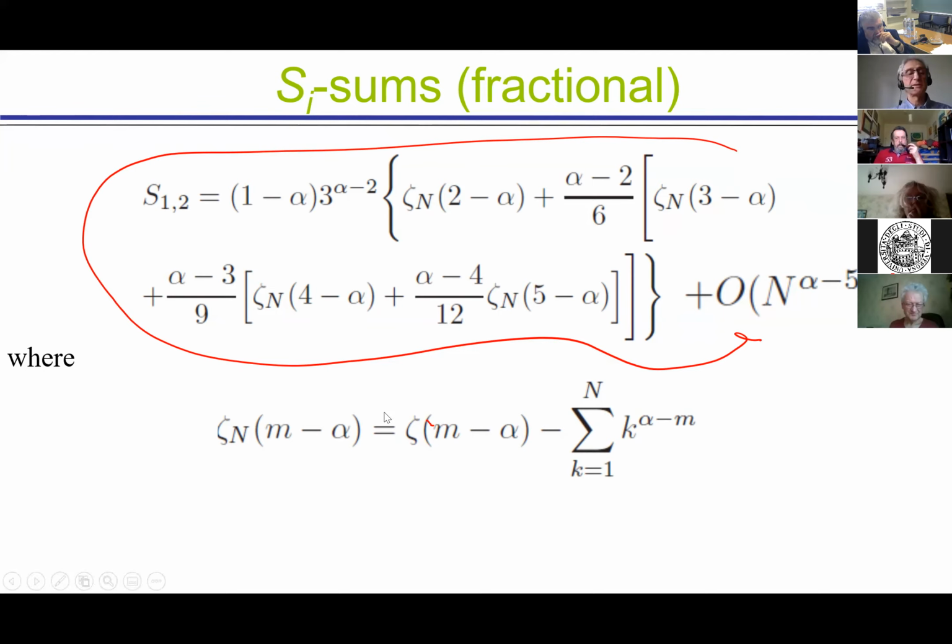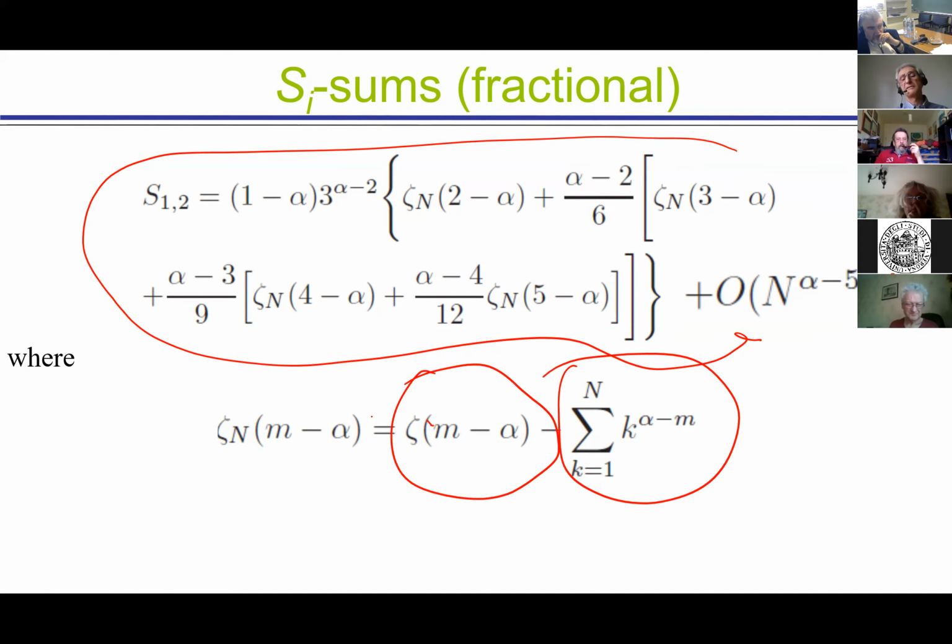Now, those formulas contain a Riemann zeta function. So there are some finite totals and the Riemann zeta function, and there are plenty of algorithms one can find for fast calculations of the Riemann zeta function.